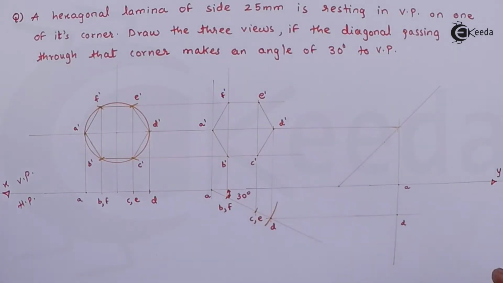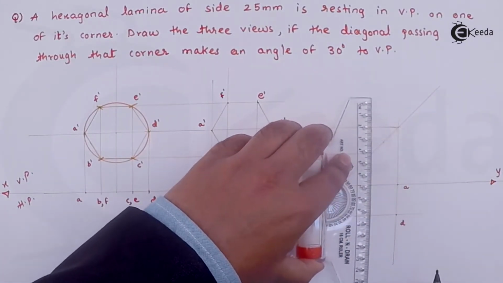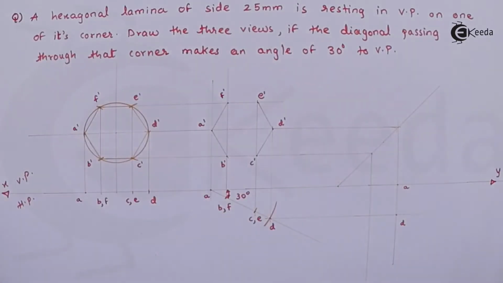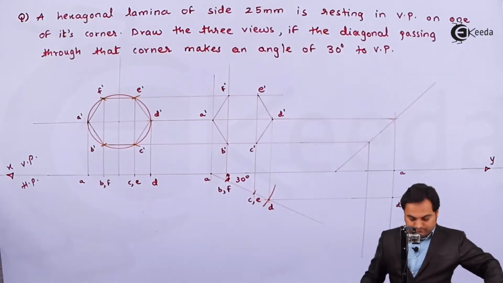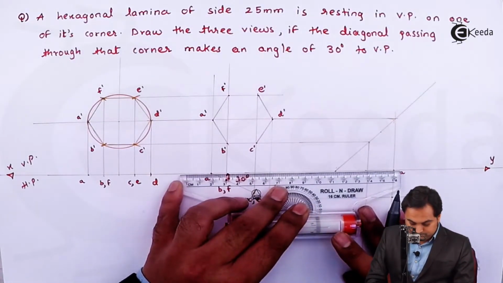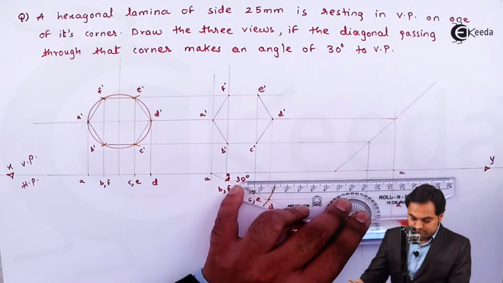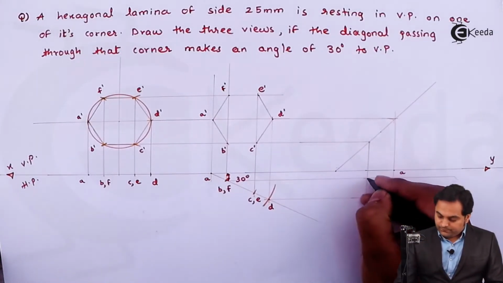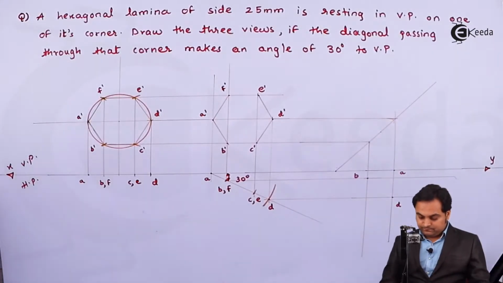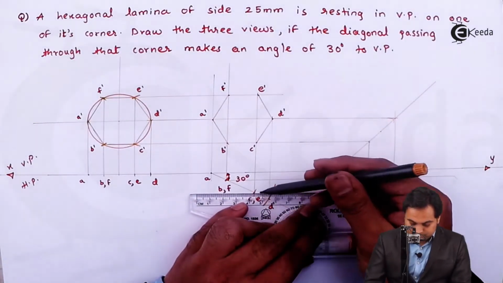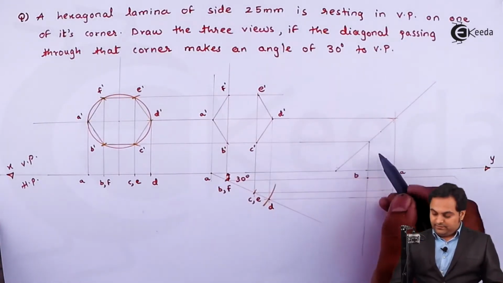Next, B and C. So here over this line, I'll get B and C. This is point B. Then for point C, B and C are on the same line.